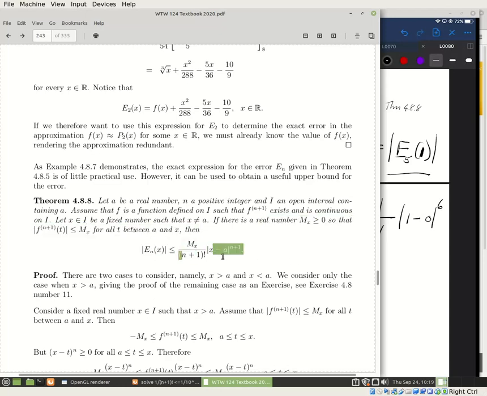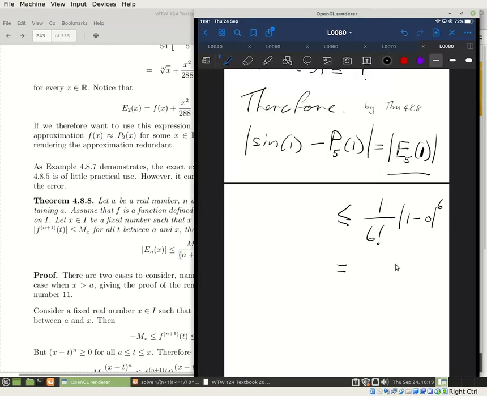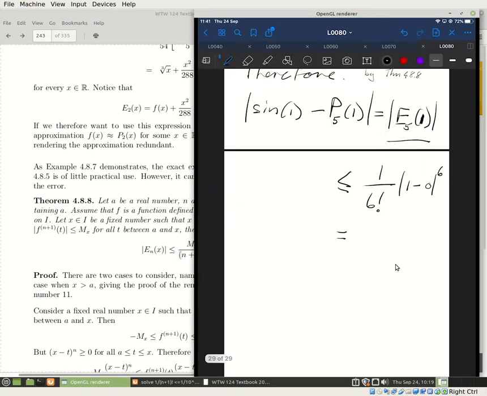Just plugging in everything here. And now working out, 1 over 6 factorial times 1 to the power 6 is 1 over 720.